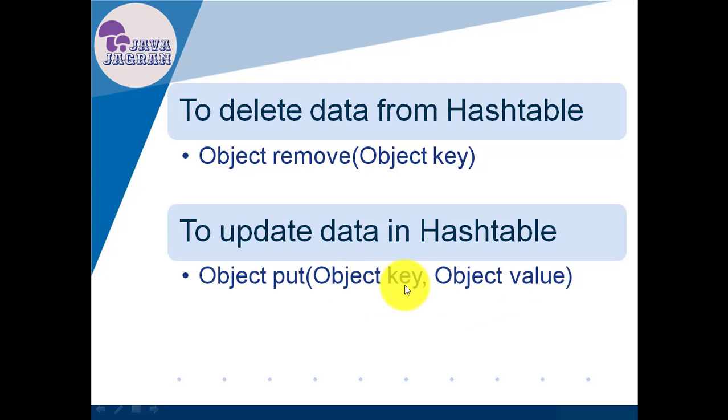So for the key we pass, if data with the same key is available in the hash table, the old value is replaced with the new value, and the old value is returned by this method. So put is a dual-use method. It can be used for updating a value and also for adding a value.